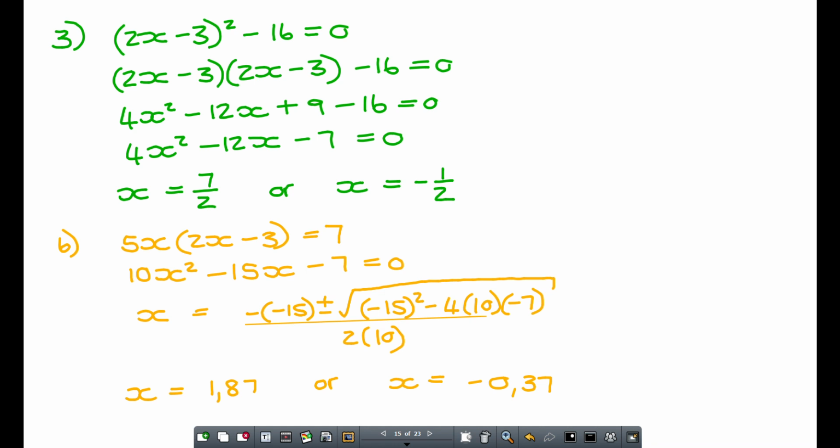Yes. Wat ek hoor? Die desimaal 1,87 of minus 0,37. Wie dit gekry? Okay, good. Jou goed is wat reg? Nee, ekskuus.